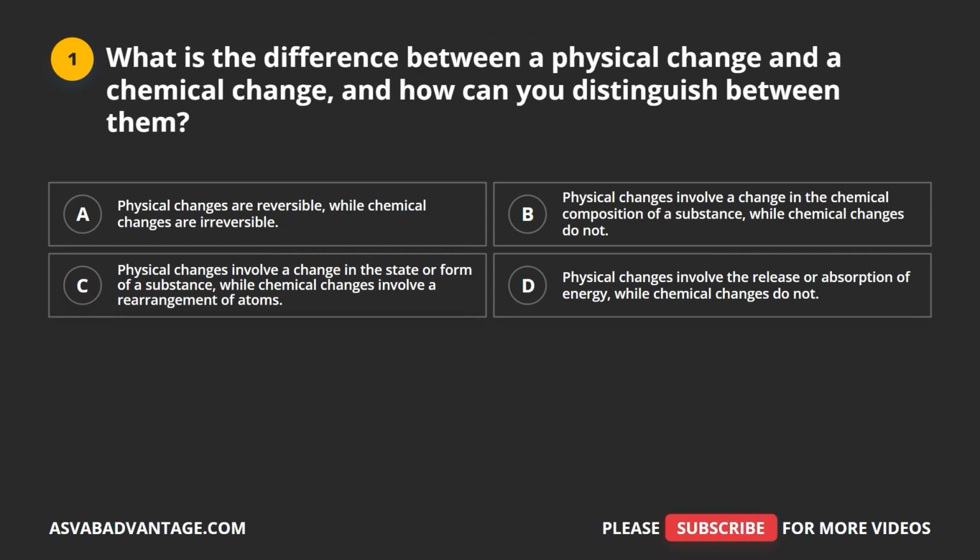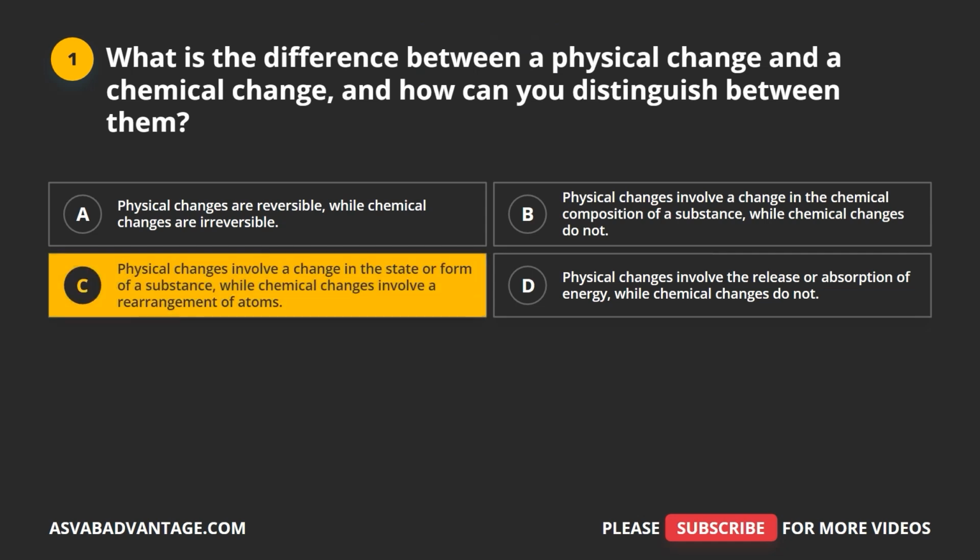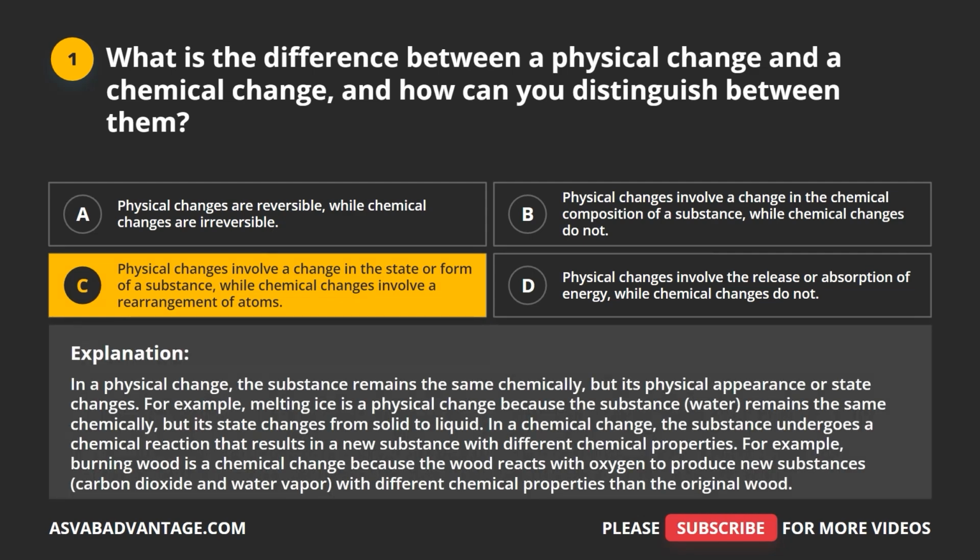The correct answer is C. Physical changes involve a change in the state or form of a substance, while chemical changes involve a rearrangement of atoms. In a physical change, the substance remains the same chemically, but its physical appearance or state changes. For example, melting ice is a physical change because the substance, water, remains the same chemically, but its state changes from solid to liquid.